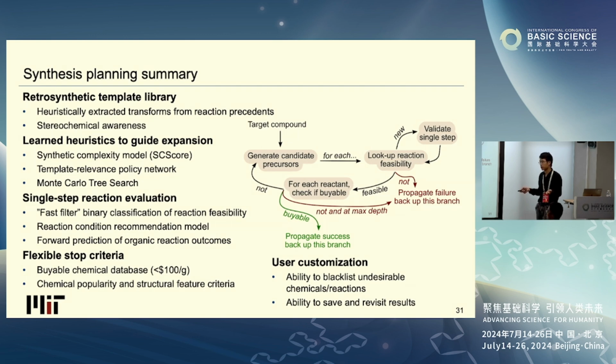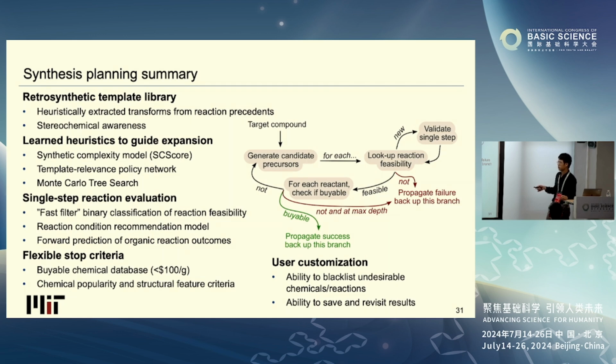It's called chemical popularity, and you can also use structural complexity scores. If a molecule has a structural complexity less than a certain threshold, then we stop the search. We consider it simple enough. All these elements come together to form this platform for computer-aided synthesis planning.